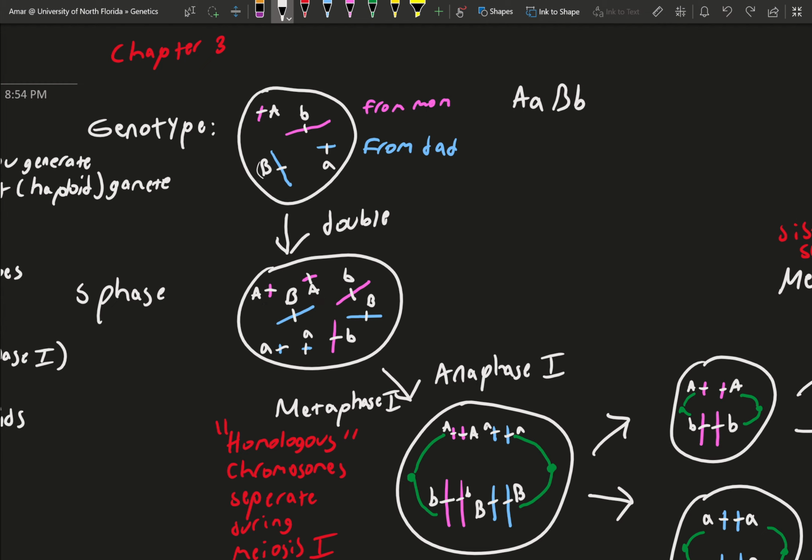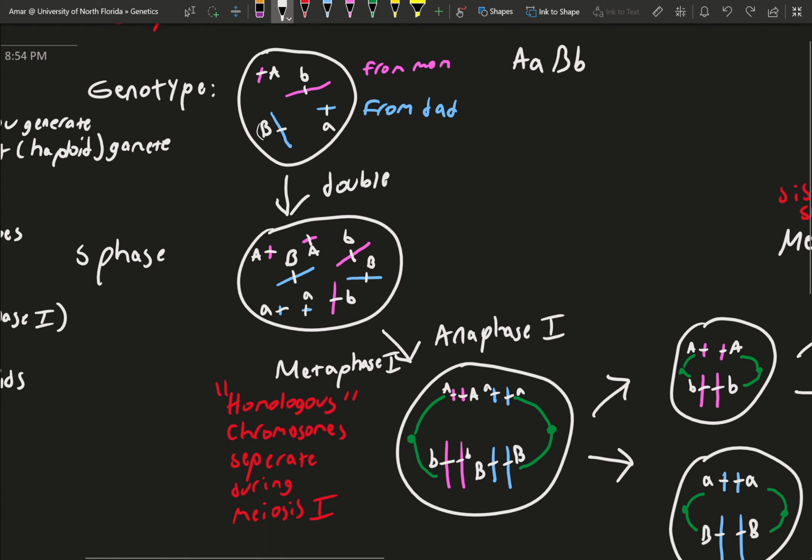I will say take a minute to try to remember what they are, because everything you're going to do in genetics from now on, you're going to have to think about how gametes are being separated out in meiosis. If you're not familiar with which one is a homologous chromosome and which one is a sister chromatid, you're going to have a really hard time with the rest of the process, okay?